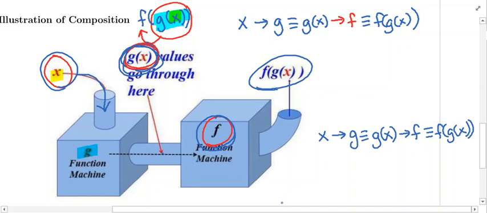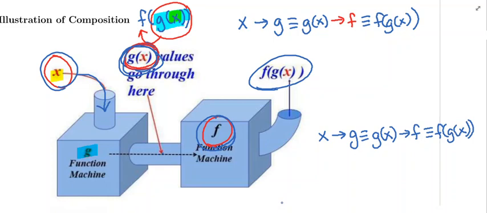It's just that your outside and inside functions change. But going into the examples, we're about to start them, you need to remember a couple of important things. Composition of functions is basically a way of taking two functions and putting them together to make a new function. There's going to be an inside function and an outside function.